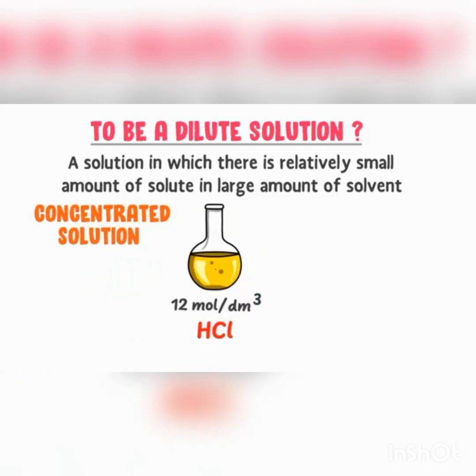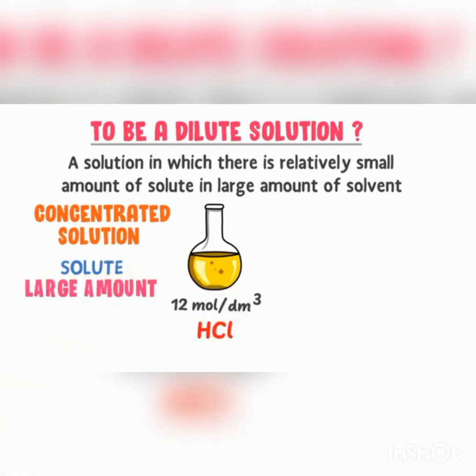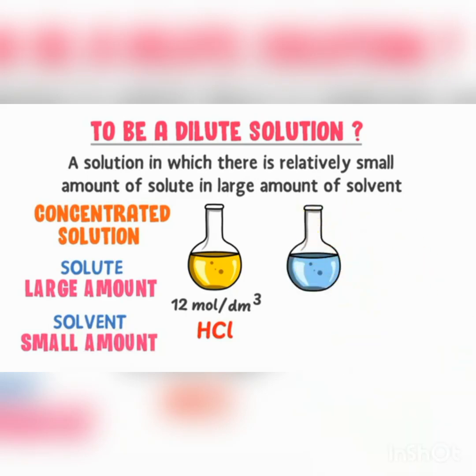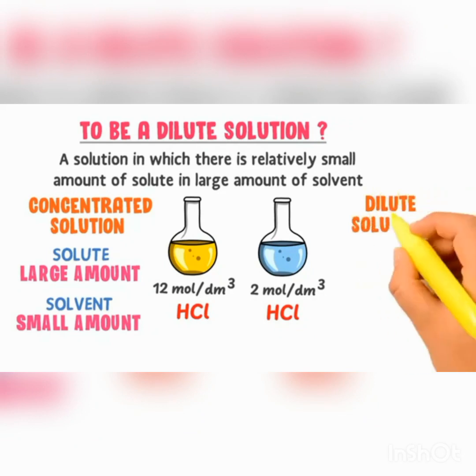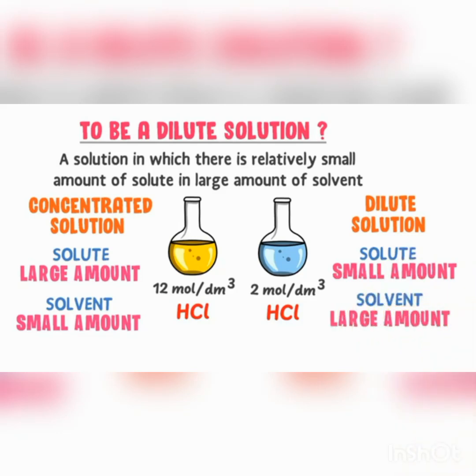Concentrated solution means that the amount of solute will be large and the amount of solvent will be small in this solution. If you take or buy a solution of 2 mole per dm cube of HCl or hydrochloric acid, then it is considered a dilute solution because in this solution the amount of solute is small and the amount of solvent is large.